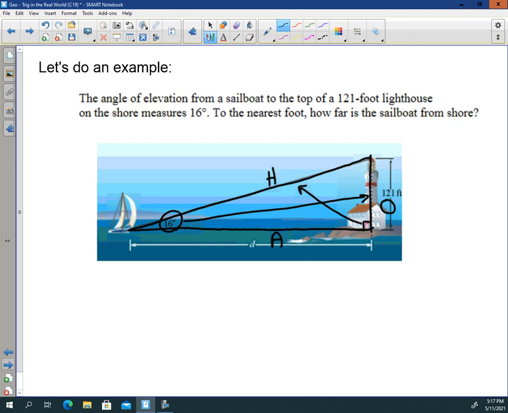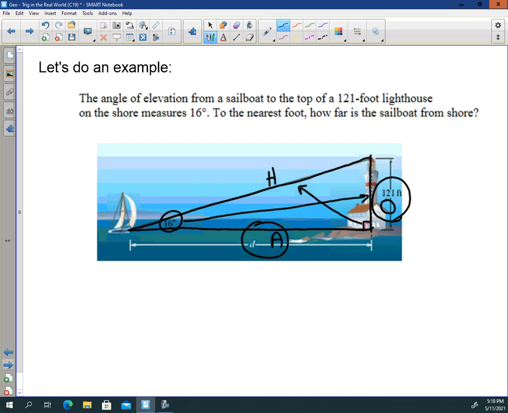So we've done what we always do. We labeled our sides. And now we're going to pick the correct trig ratio based on what we have and what we want. Well, what we have is the opposite side, the height of the lighthouse, 121 feet. What we want is the distance away from the lighthouse, which is side B, and the adjacent side.